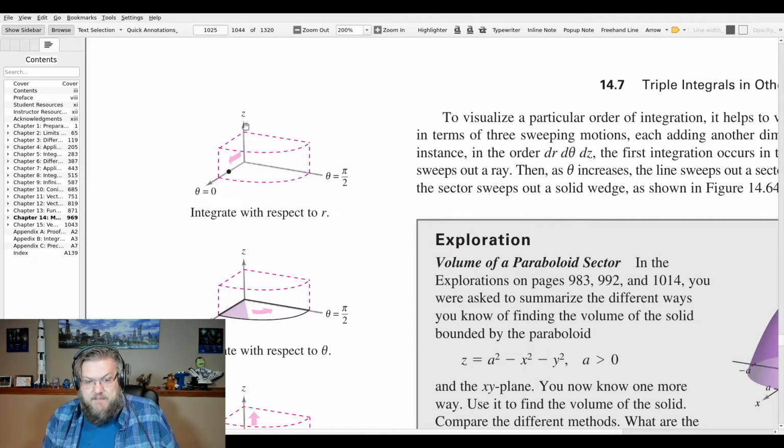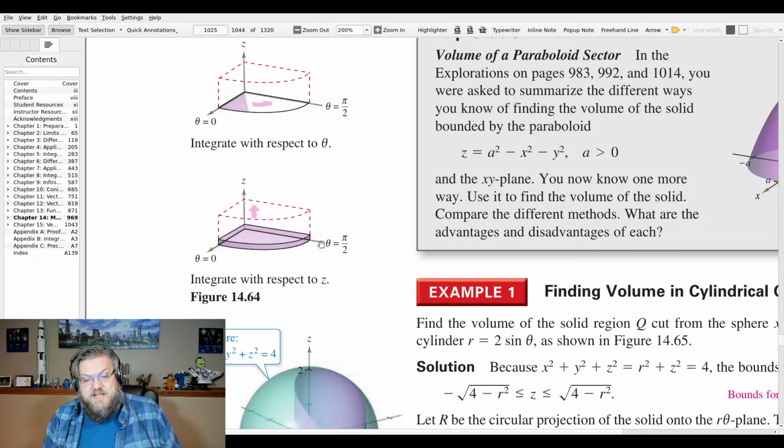We first integrate with respect to r, which means we radiate out from the center. So we do this radial thing out, right? Then we integrate with respect to theta. That's going to rotate this so it fills out that bottom portion. Then we integrate with respect to z, and that's going to stack these little plates together and generate the entire solid. Do you see that?